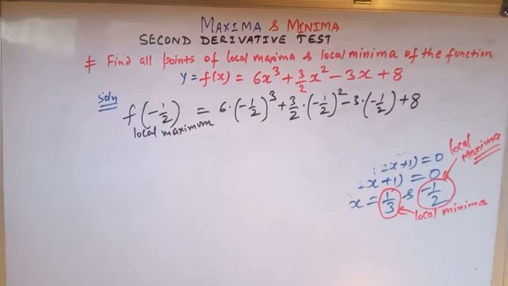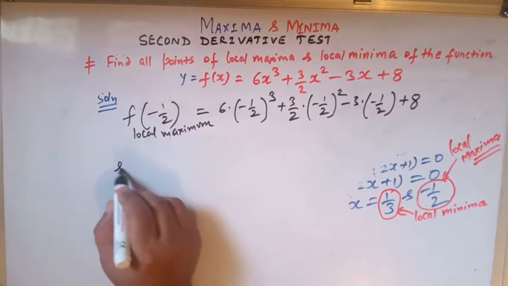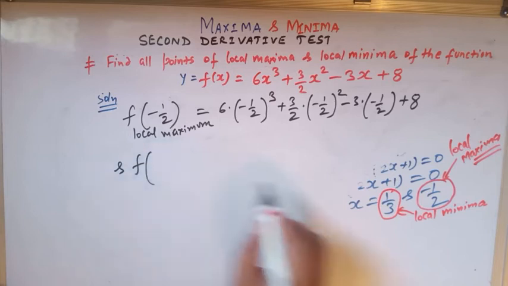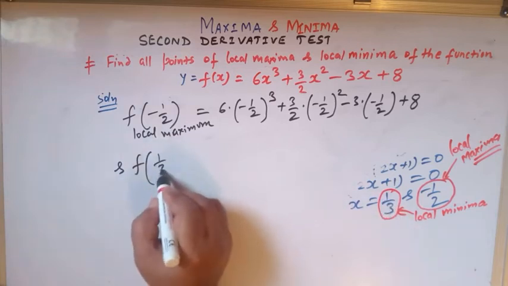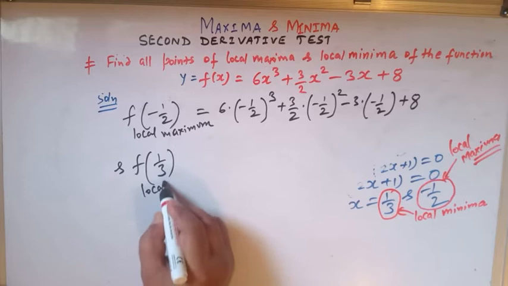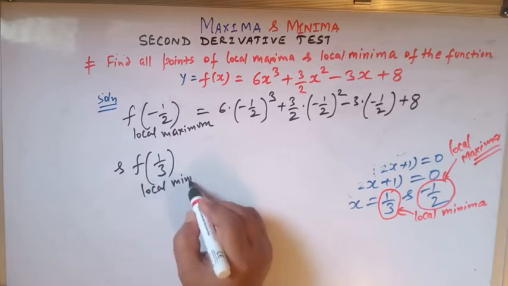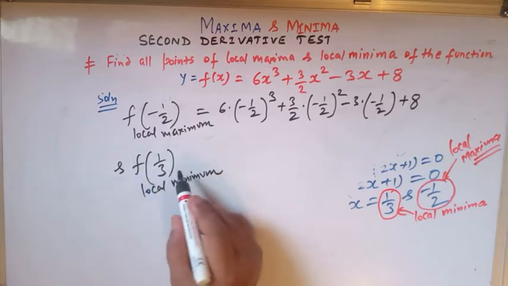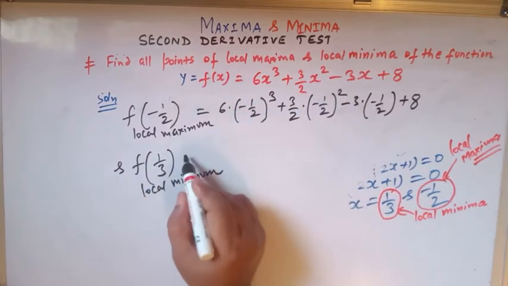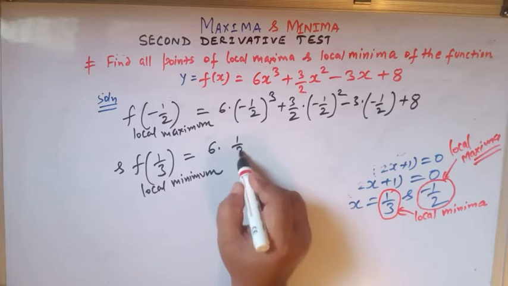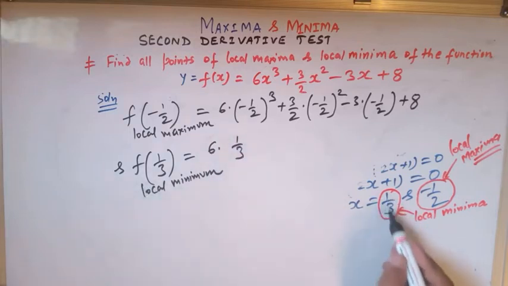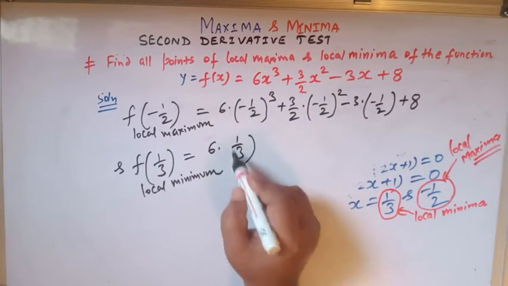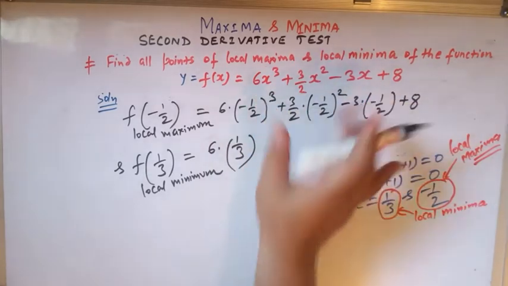Clear? And f of 1 by 3 is the value of local minimum. Clear? So this is the local minimum value of the function f(x). So this is 6 times, we'll substitute the value x equal to 1 by 3 in this function.